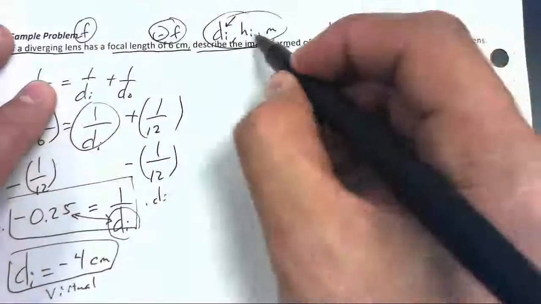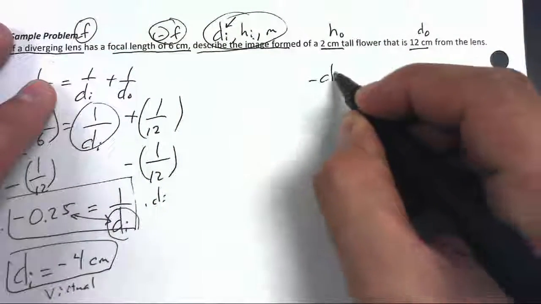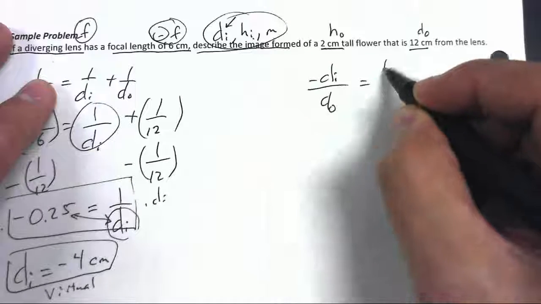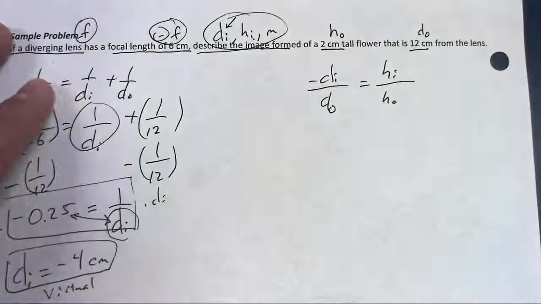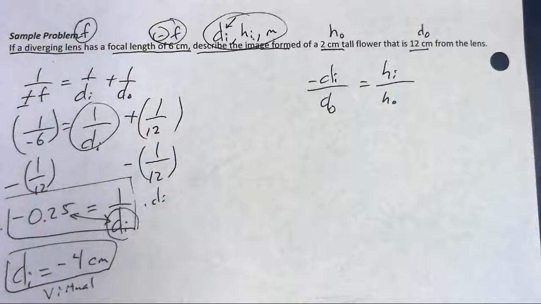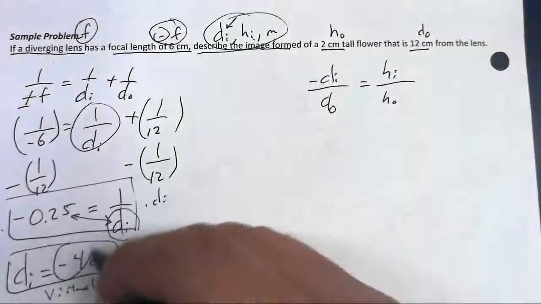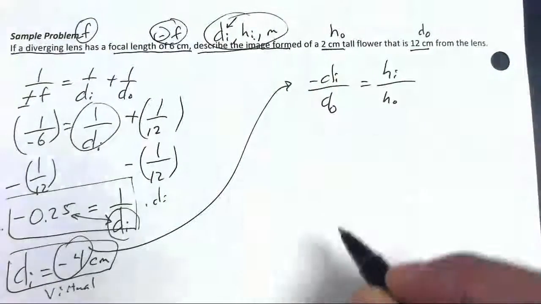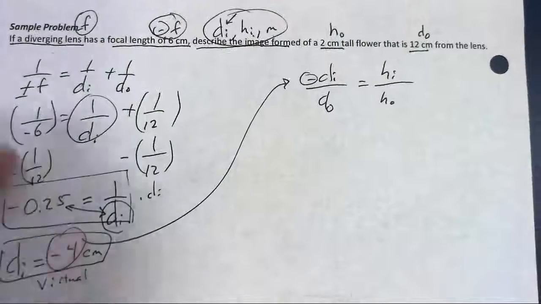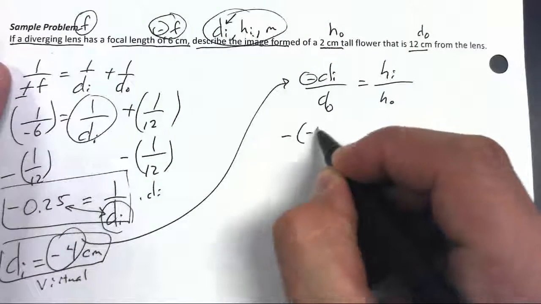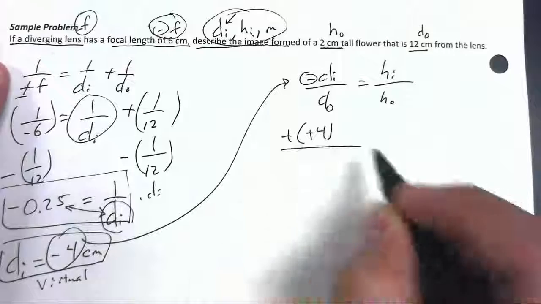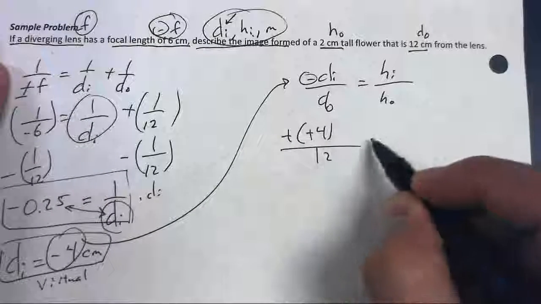All right, now let's find the height of the image. That's negative DI over DO, and that equals HI over HO. That's the equation we're going to use. We're going to use the magnification part of it in just a moment. That's our distance to the image. It needs to get plugged in here, and remember this negative stays. So we have a negative, negative 4, and those become positive. DO is 12.